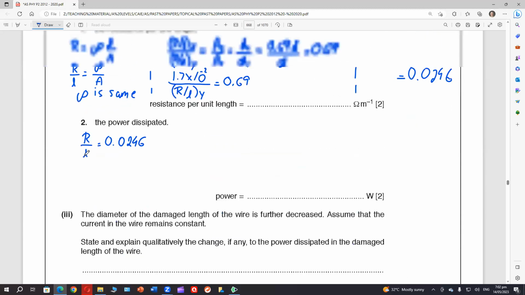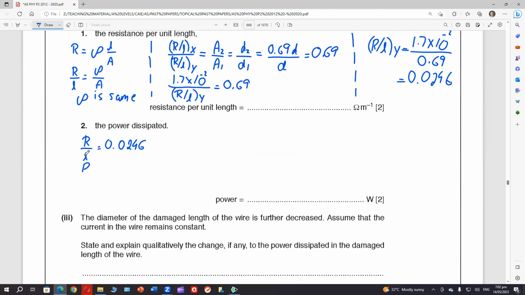Okay, so we'll put 3 into 10 power minus 3. It is coming as 7.38 into 10 power minus 5.